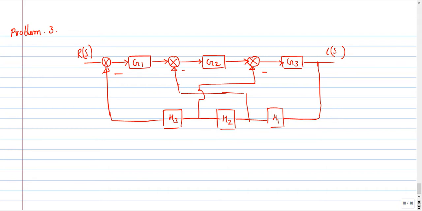So this is a problem. This is very simple actually, but you need to look at it in a different way. You need to follow the path. You need to identify the proper summing point and proper takeoff point and re-represent the same. Rewrite the sketch so that you can reduce.